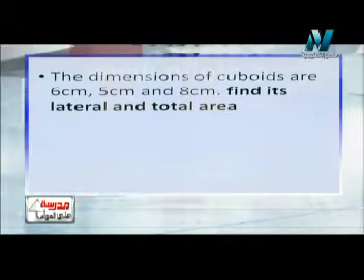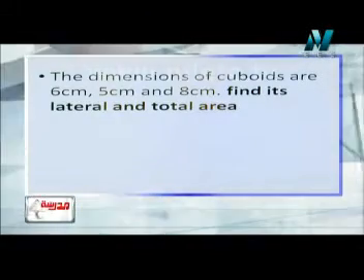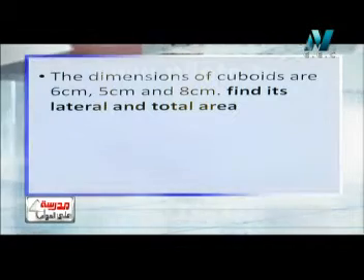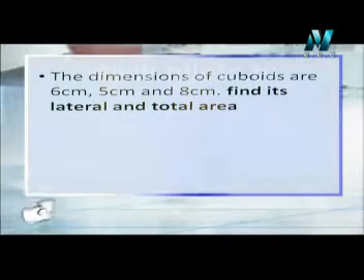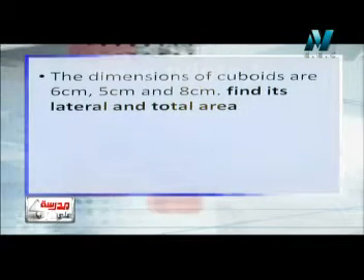Then let's take an example. The dimensions of a cuboid are 6 centimeters, 5 centimeters, and 8 centimeters. Find its lateral and total area.